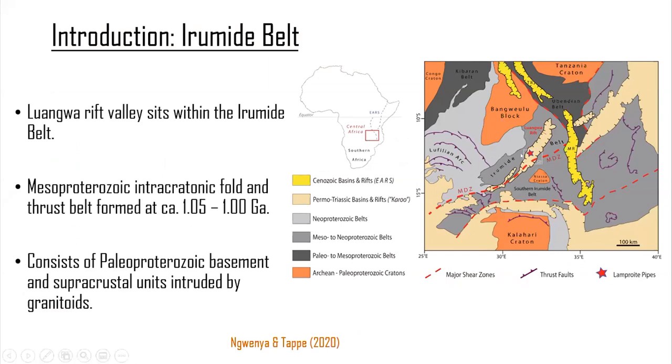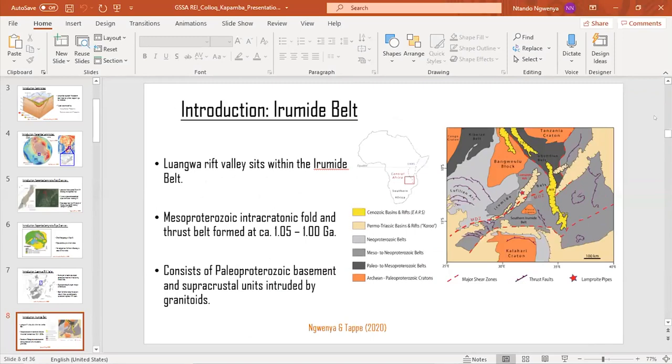So the Kabamba lamproites actually sit on these Karoo age sediments, which are found within the basin itself. Okay, so I guess it can't sit in the Triassic sediments, being of that age, but possibly lower Triassic, I guess. Yes, I don't know if I can briefly just show something quickly.